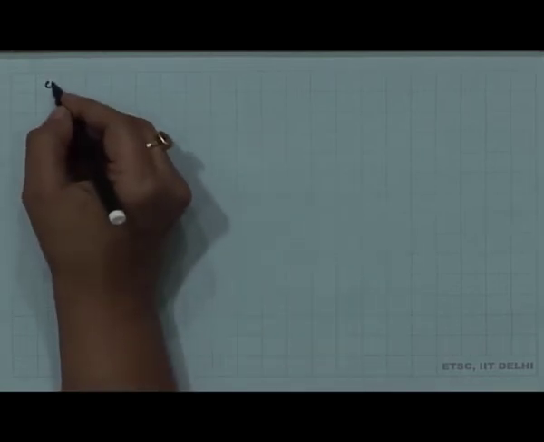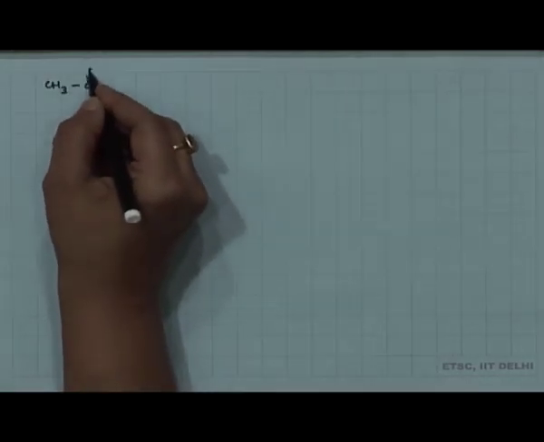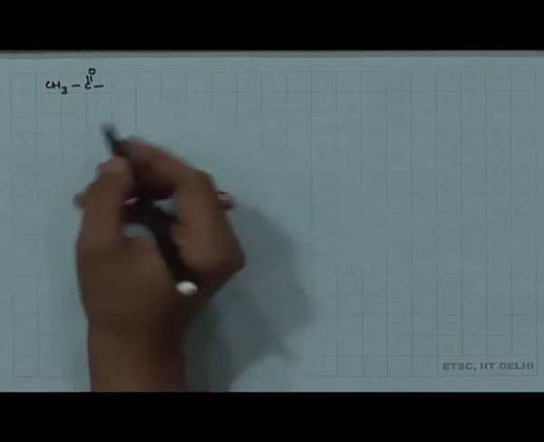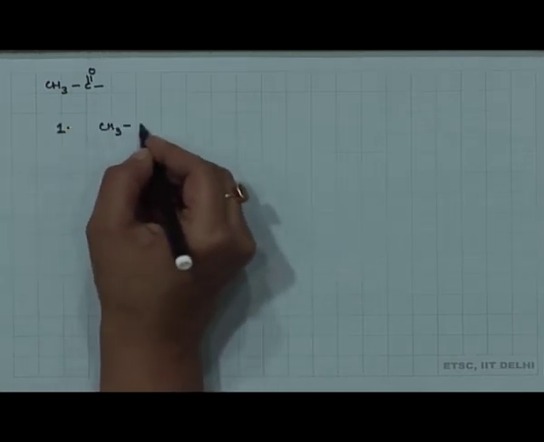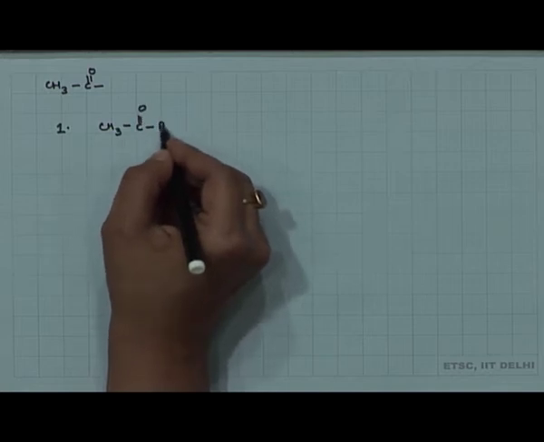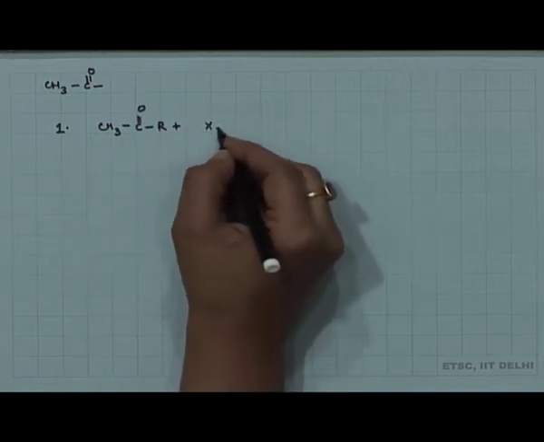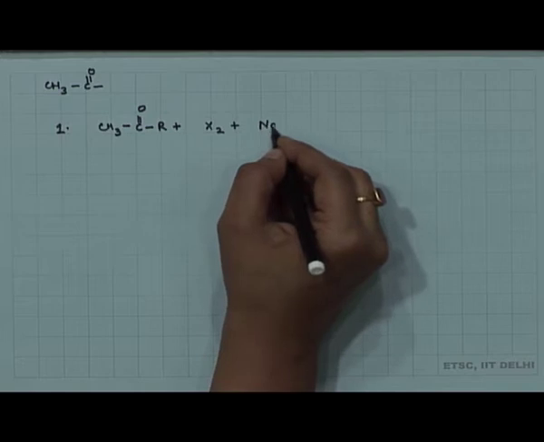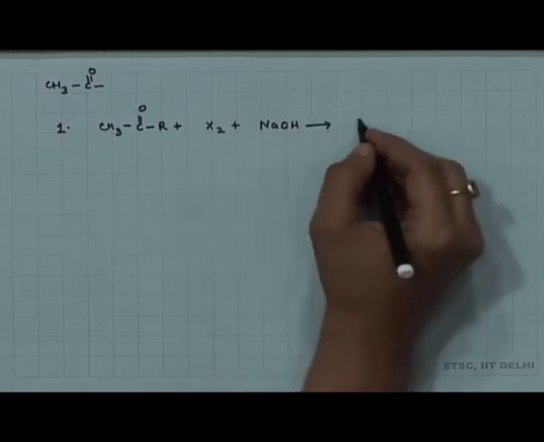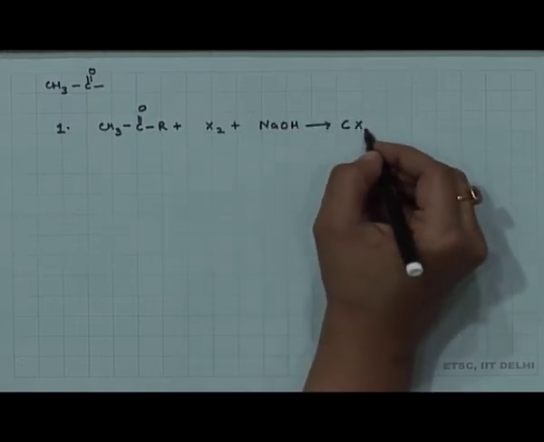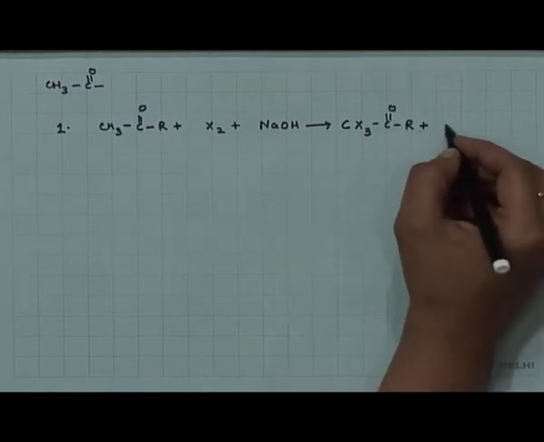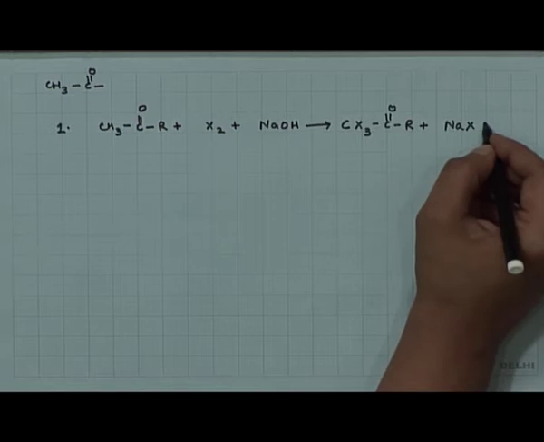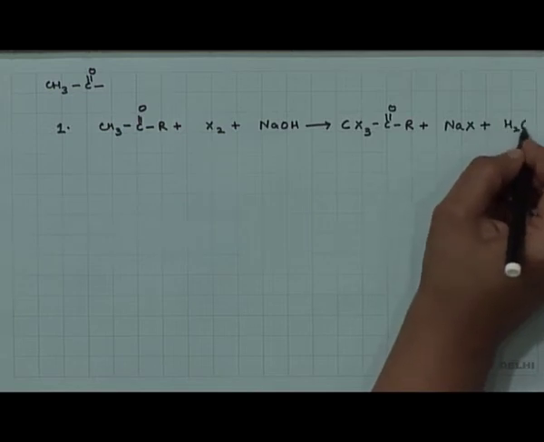The same thing if you carry out with an acyl unit. What is the first step? The first step in this case is directly the halogenation using the halogen and NaOH to give you the halogenated ketone along with formation of sodium halide and water.